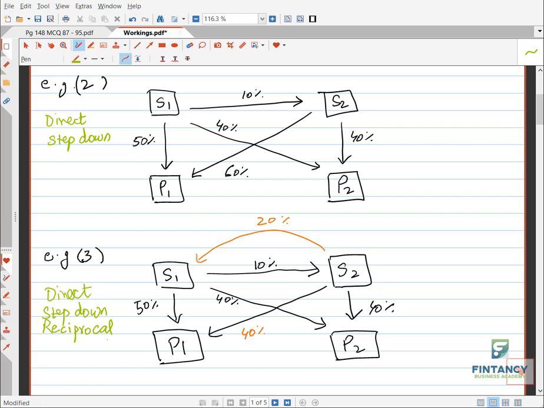Okay, and by the way, if this is the situation, an examiner is asking you in this type of situation, which method should be used? So you will say reciprocal method. Reciprocal method, my friends. In this type of situation, which method is more appropriate?